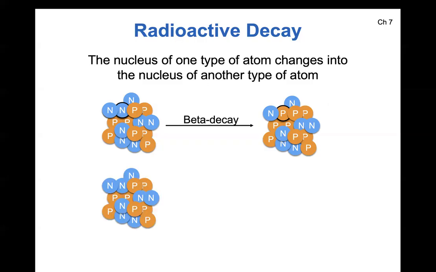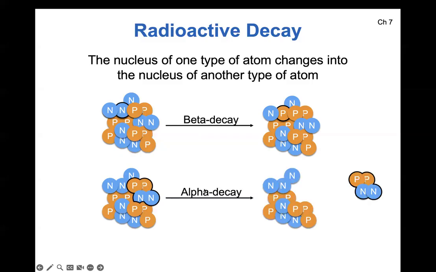The other key type of radioactive decay, and the only other type that you are responsible for, is the release of 2 protons and 2 neutrons, which we see kind of circled here. And that type of radioactive decay is called alpha decay. And we see that unlike beta decay, some significant piece leaves. So the total number, just to summarize, the total number of neutrons and protons in beta decay did not change.